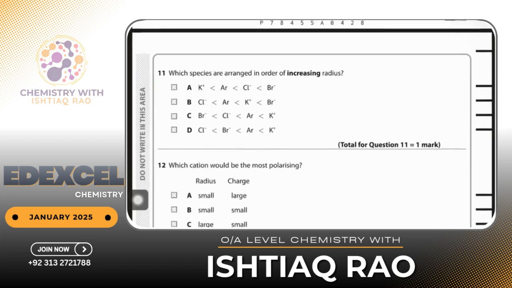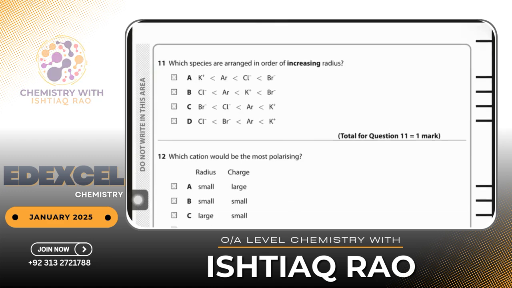Which species are arranged in order of increasing radius? Across the period, radius decreases, and down the group, radius increases. And I can say cations are smaller than anions.